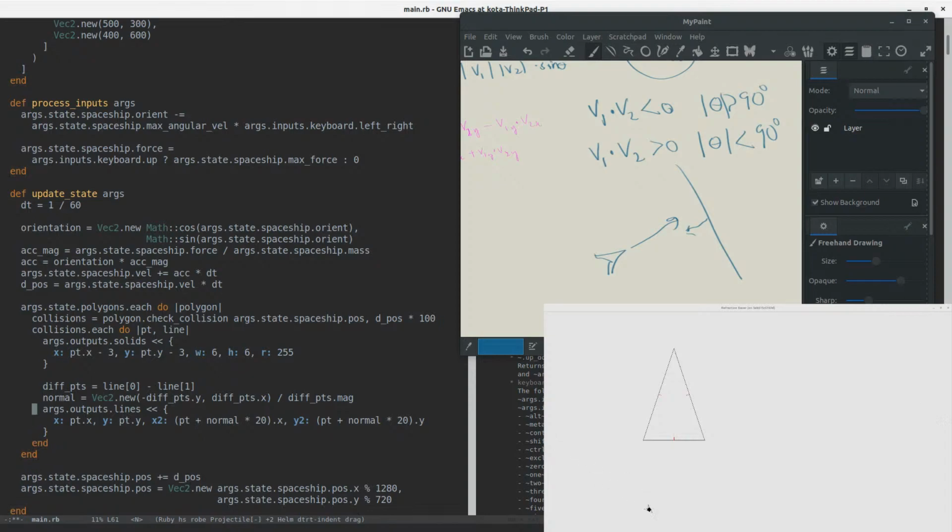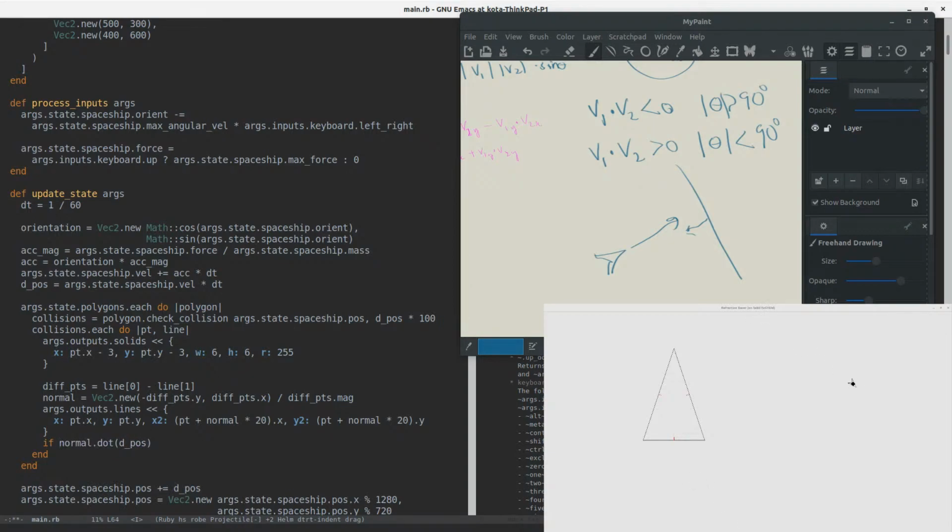Okay. So our diff points, we have our normal, and we'll also do v1 or normal dot, and then we'll do our difference in position.